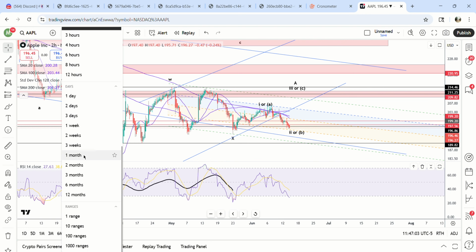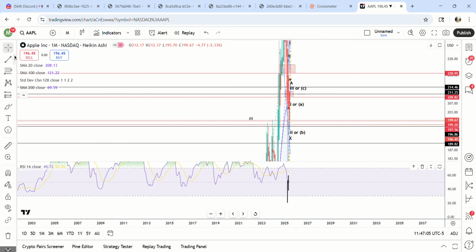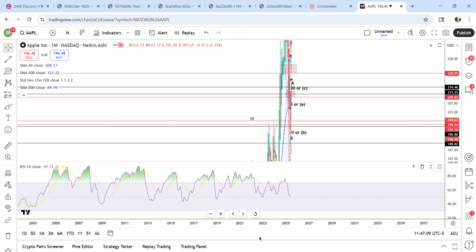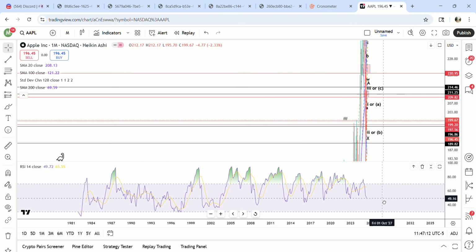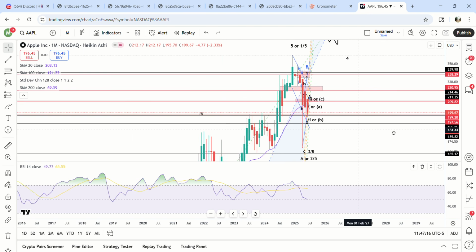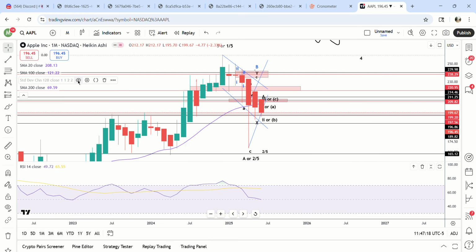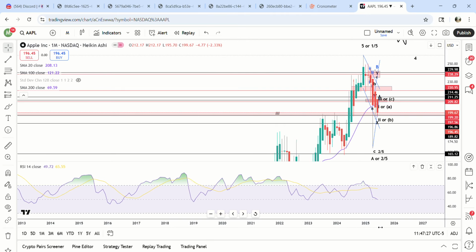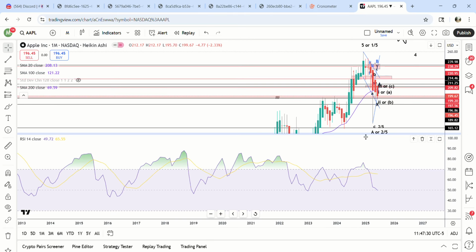But on the monthly chart here, one thing that I notice is different than most stocks right now is you have bullish divergence. There hasn't even been a red candle since, or not a green candle since December. But you have bullish divergence right here. So look at this bottom right here at 165.